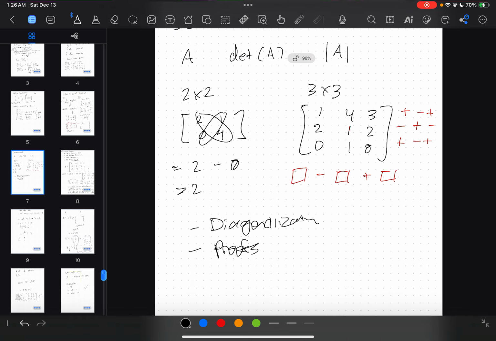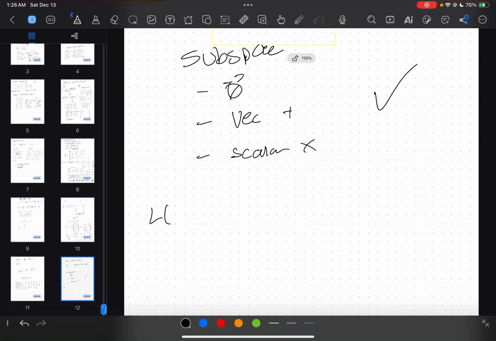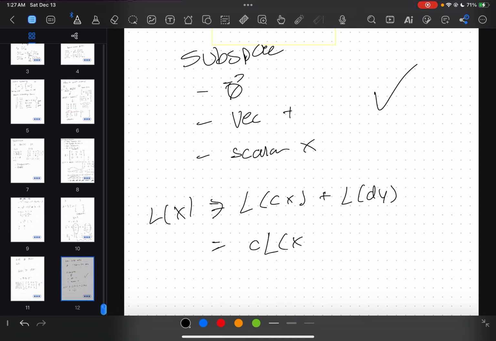And linear mapping, you just use the equation to check, given a linear map L: L(cx plus dy) equals c L(x) plus d L(y).